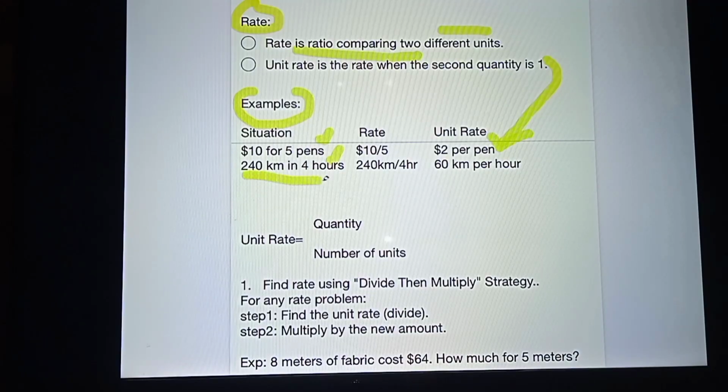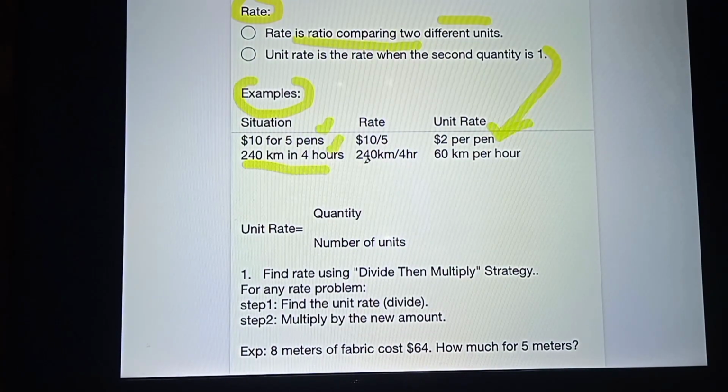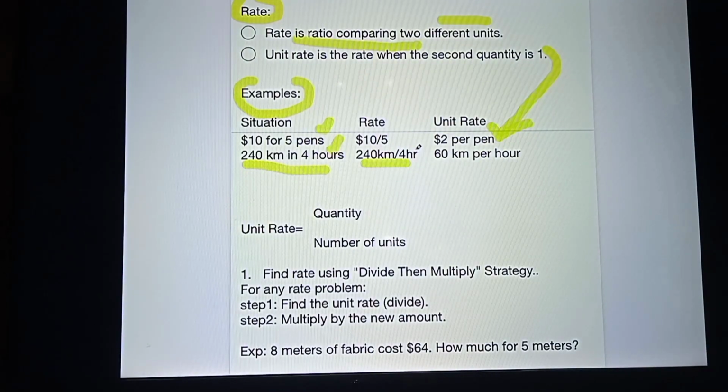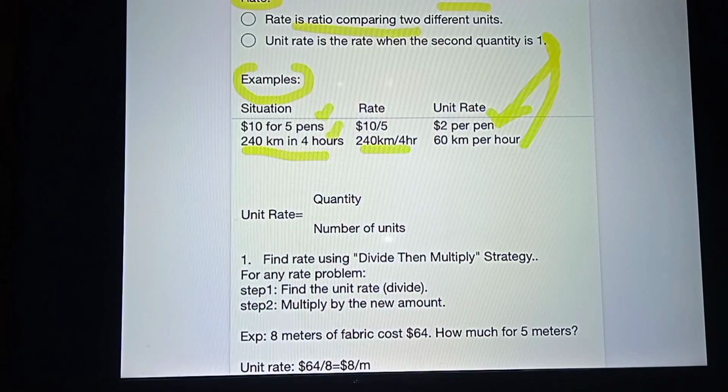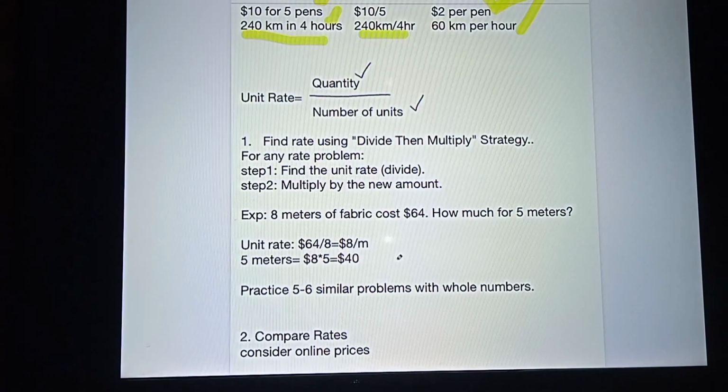In the second case, 240 kilometers is covered in 4 hours. So the situation is distance covered divided by time taken. So the unit rate obtained in this case is 60 kilometers per hour. Hence its definition states that unit rate is equal to quantity divided by number of units.